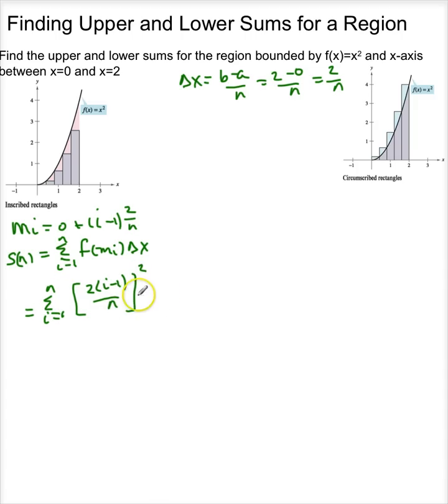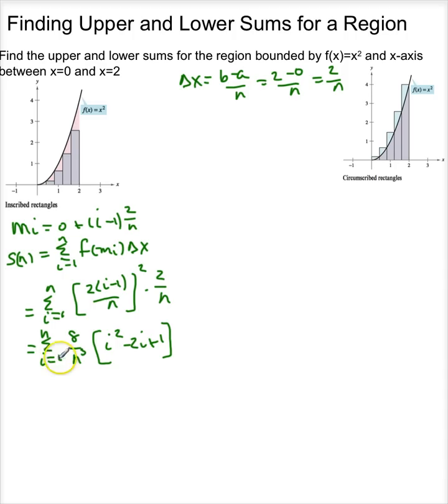Now, I need to multiply by delta x, and delta x is 2 over n. It's very important you see where I'm getting these parts. Now I'm going to take the sum as i goes from 1 to n. Let me expand this, and this becomes 8 divided by n cubed times i squared minus 2i plus 1.